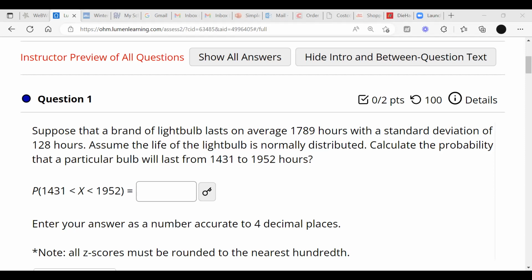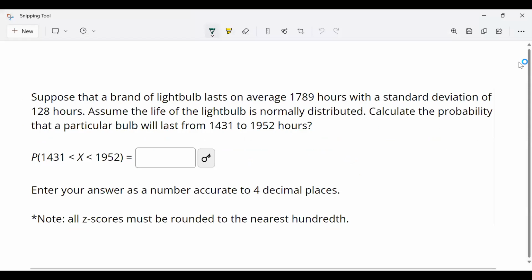Let me screenshot this so I can explain the question to you. Can you see my screen?